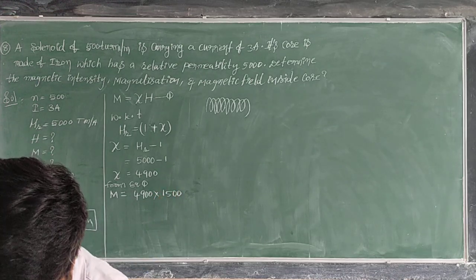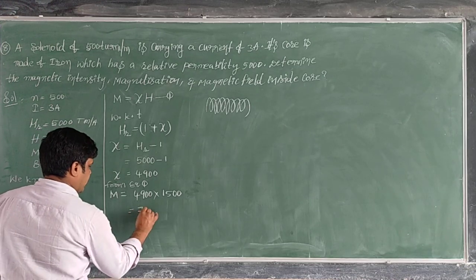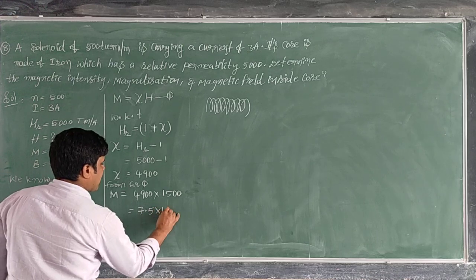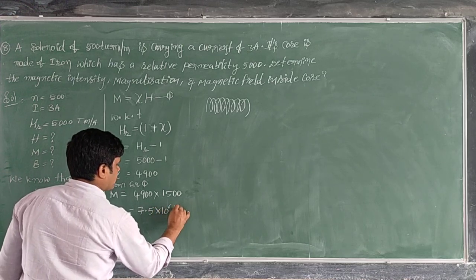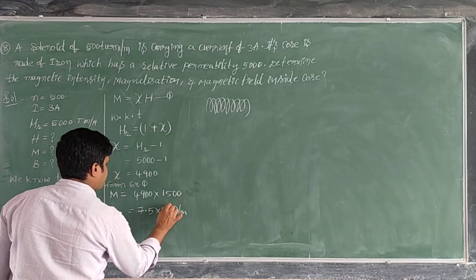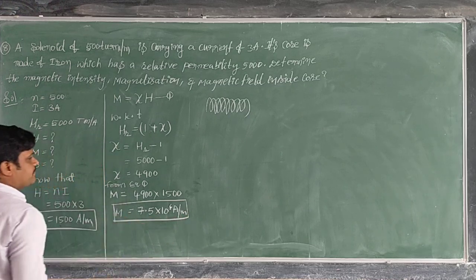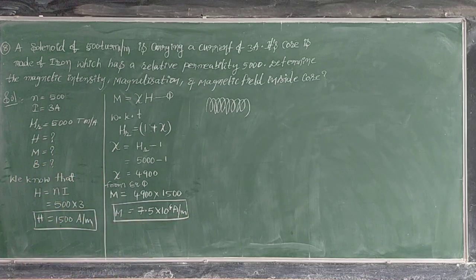After simplification of these two, we may get 7.5 into 10 power 6 ampere per meter. So magnetization also I got.